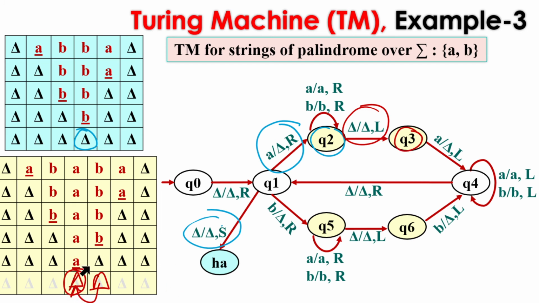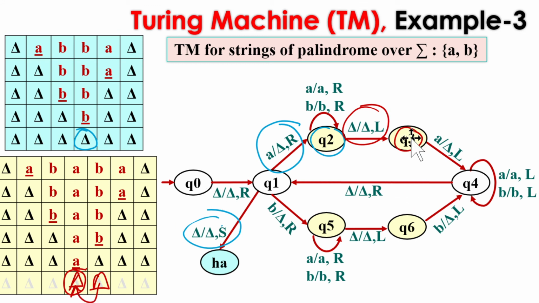So we are having no matching symbol here to replace with a blank. So as we had replaced one symbol with a blank, but at q3 we discover the fact that we cannot replace any other symbol with a blank because we are having all the blanks on the tape.